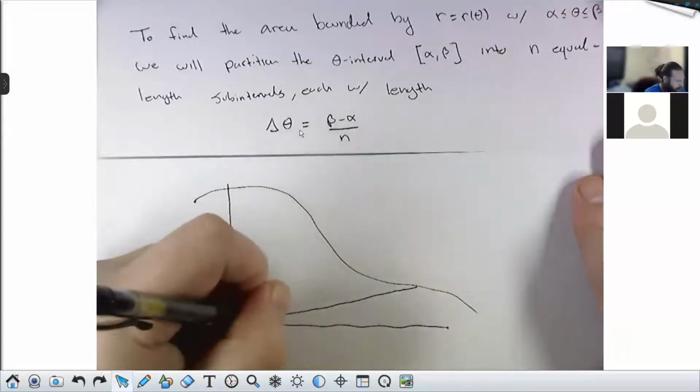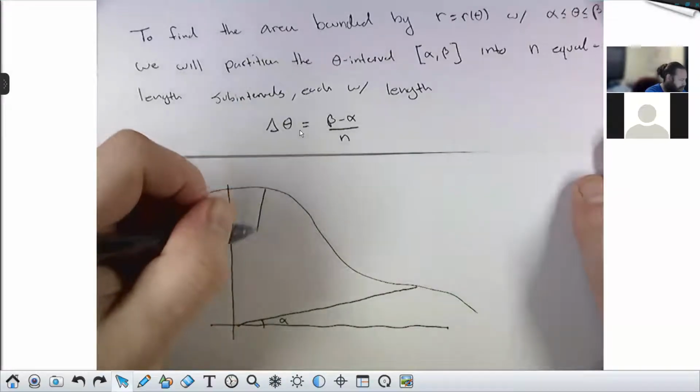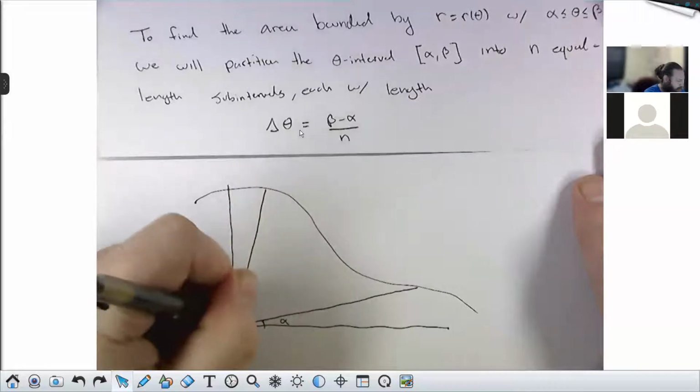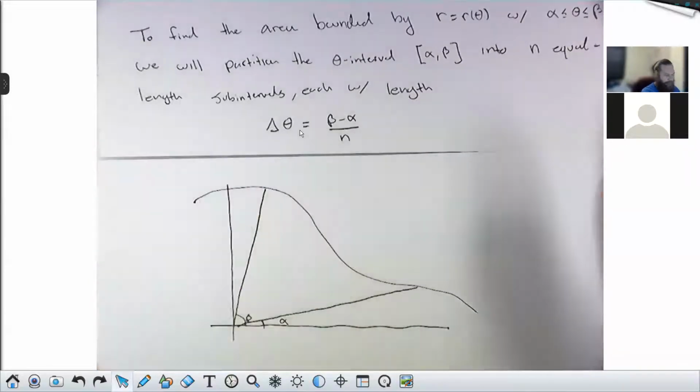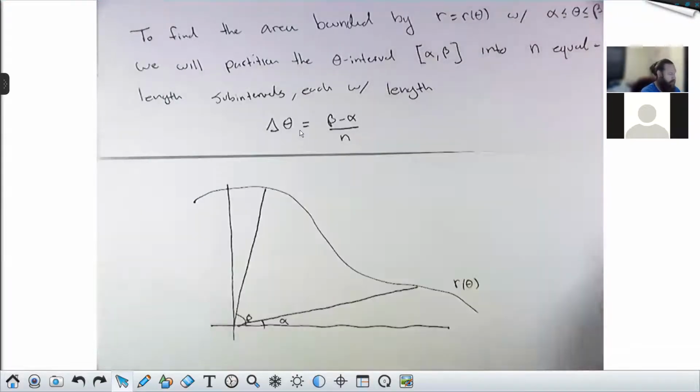So here's the angle alpha. Here's the angle beta. I'm just redrawing that picture we had a minute ago, only larger. This is the curve r equals r of theta.